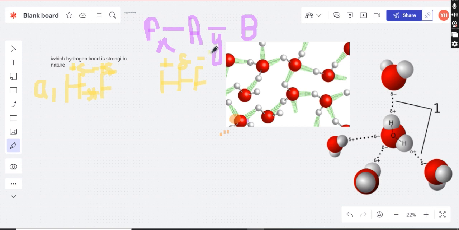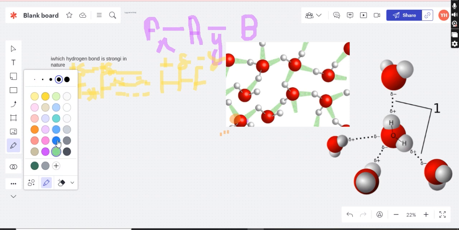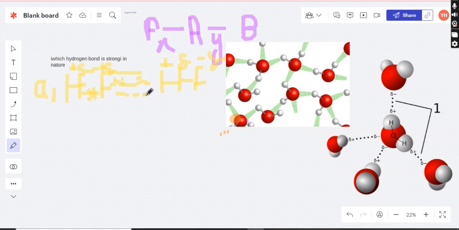So they are making a bond here, which is a hydrogen bond. Let me change the marker, it's very loud. This is a covalent bond, and this is hydrogen.